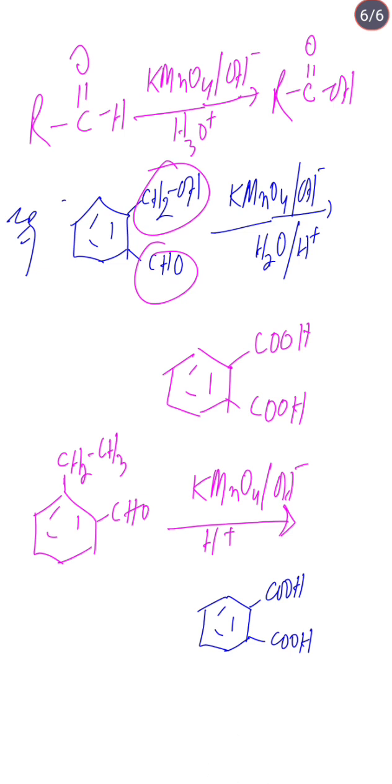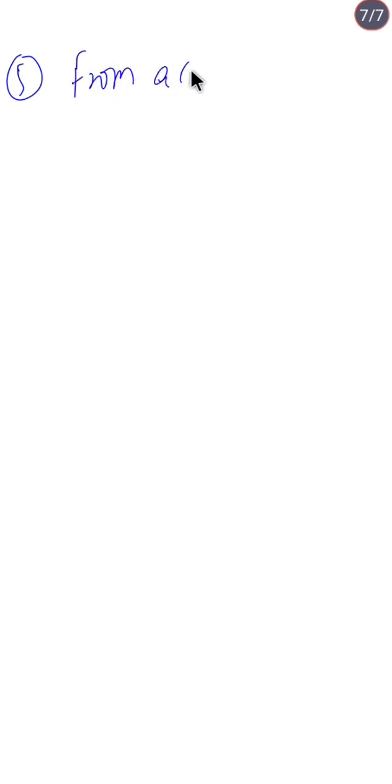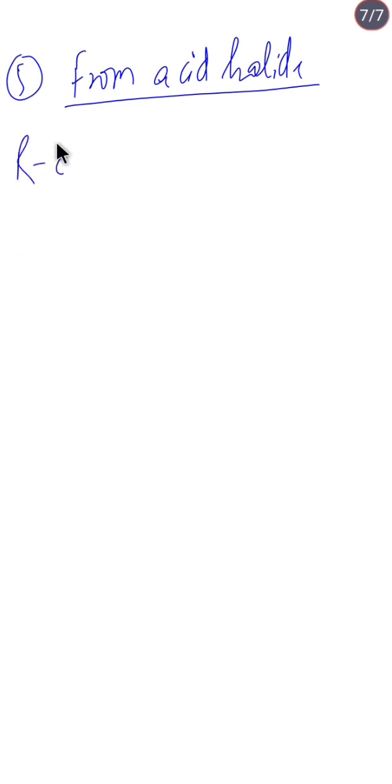Okay, now let us move to the fifth preparation of carboxylic acid, which is from acid halide by hydrolysis. I am taking one acid halide here, RCOCl.